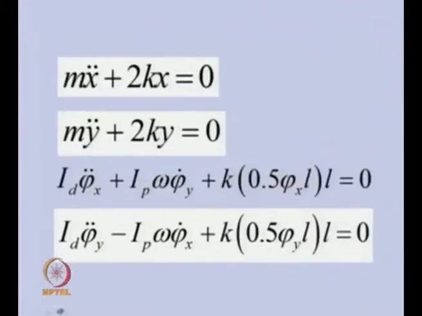So let us see. These two equations we can get because if we give an x displacement in the x direction, two springs will give this much elastic force. Similarly in the y direction this will be the elastic force. The moment from the two bearings we can get from this, because if you see the tilting of the disc, let us say it is tilting about the center of gravity.